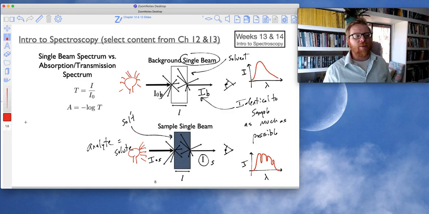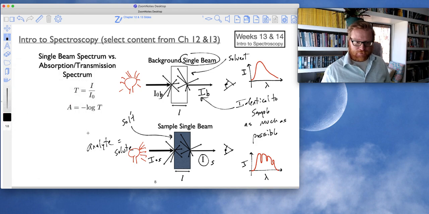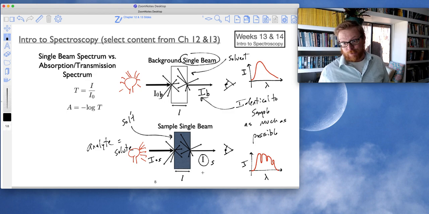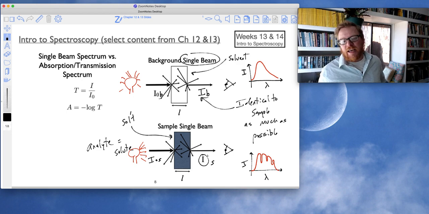And so now if we think about this log ratio of ratios, then what will remain is the intensity of the background over the intensity of the sample, okay? Because everything, I0 background all the way up to this point will really be identical to the sample, with the exception, of course, of the intensities that have been absorbed, all right?